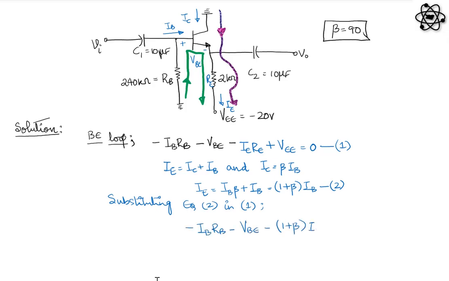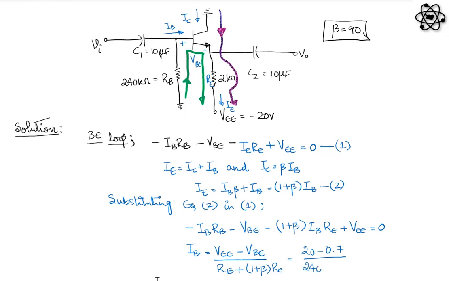So I will substitute equation 2 in equation 1 and I will get the value of IB, which is equal to VEE minus VBE divided by RB plus (1 plus beta) into RE. So that is equal to 45.73 microamps.